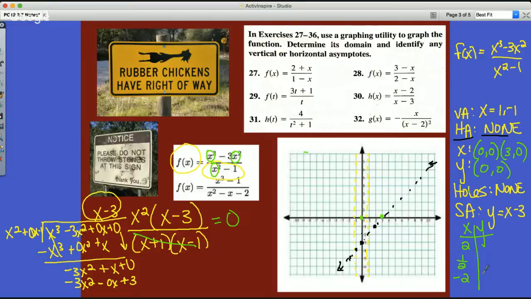And so just to be sure that I'm on pace here, I'm going to plug this in: x squared times x minus 3, and then divide that by parenthesis x squared minus 1. All right, see what graph it comes up with.